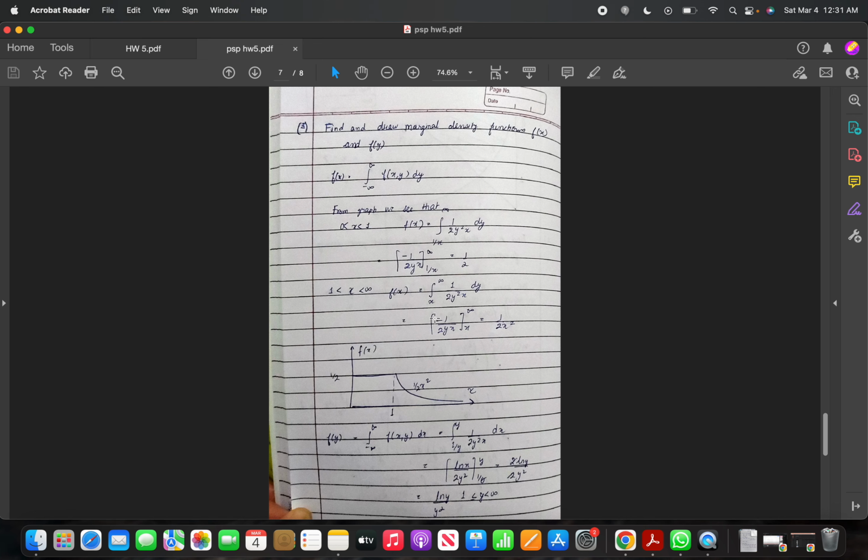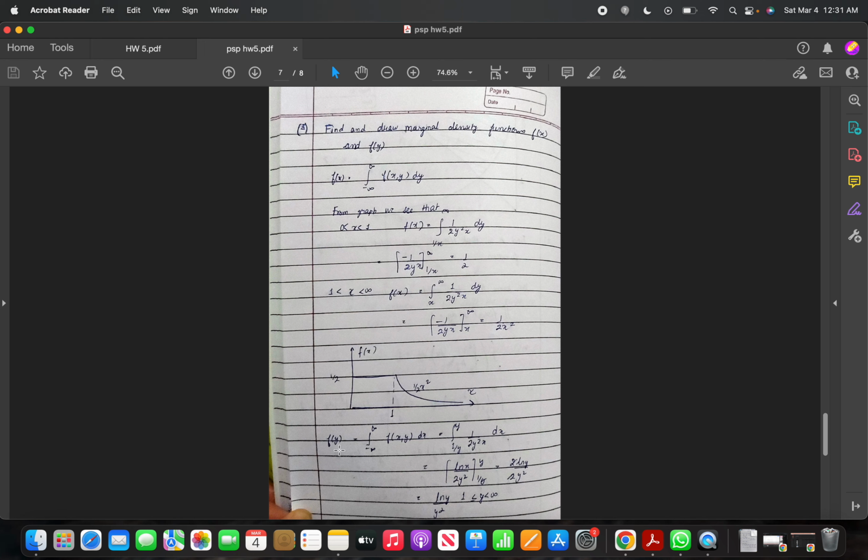Now similarly, to find f of y, we will integrate f of x, y over x from minus infinity to infinity.